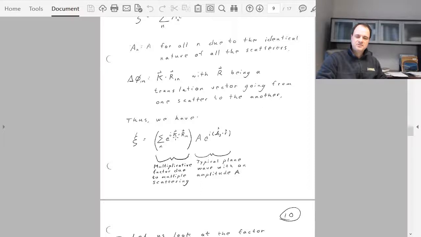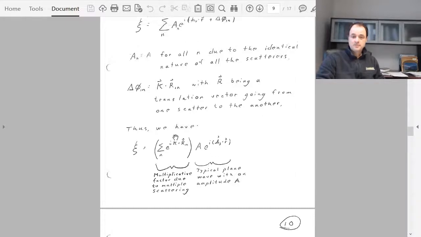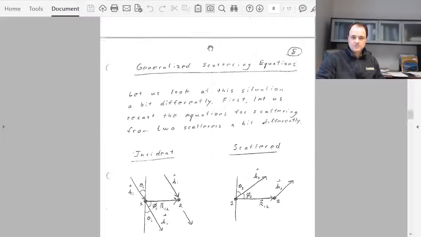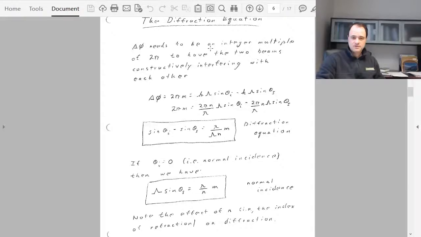So this is going to set a condition on capital K, which therefore gives a condition on k sub s, which is a condition on the direction of the vector. Remember, vectors have both magnitude and direction. Our magnitude of k sub s is set simply because of conservation of energy.